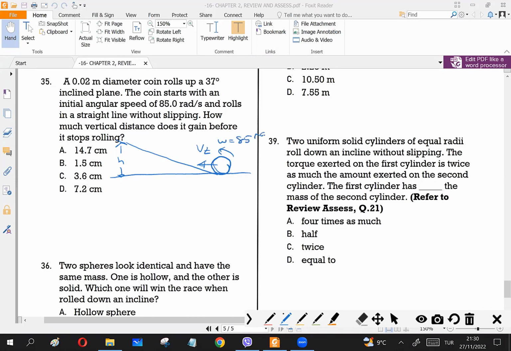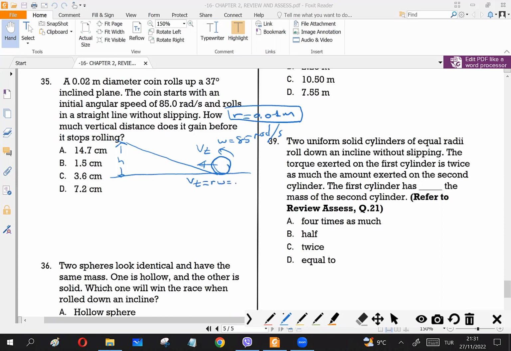we can easily calculate linear speed if the radius is given. Yes, diameter is given, but radius we can find. Half of the diameter is radius, so radius is going to be 0.01 meter. So I can calculate translational speed. Vt is going to be r times omega.